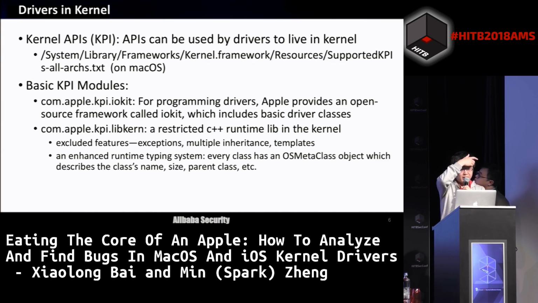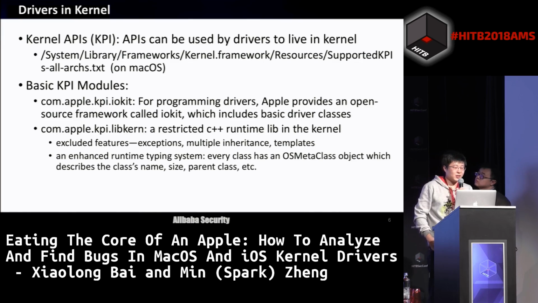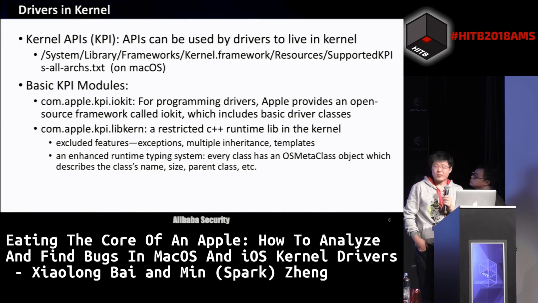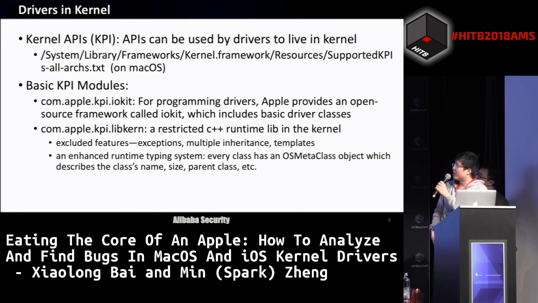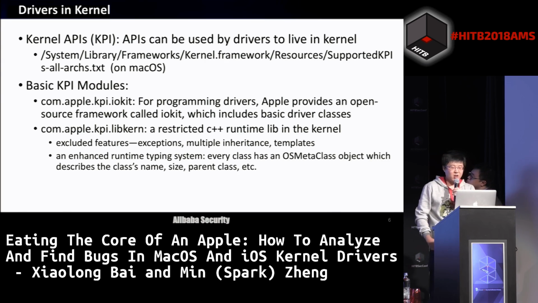And KPI libkern is a restricted C++ runtime library in the kernel. It does not include exceptions, multiple inheritance, and templates, but it has an enhanced runtime typing system because every class has an OSMetaClass object which describes the class name, size, parent class, etc.